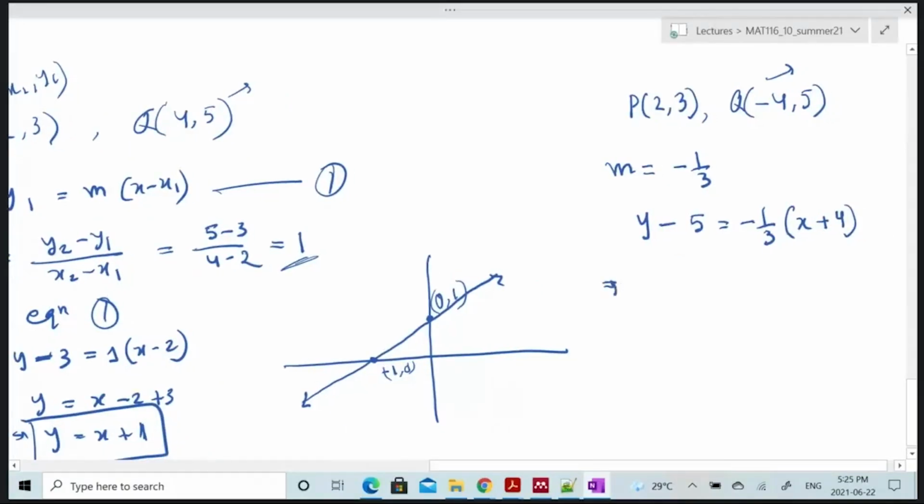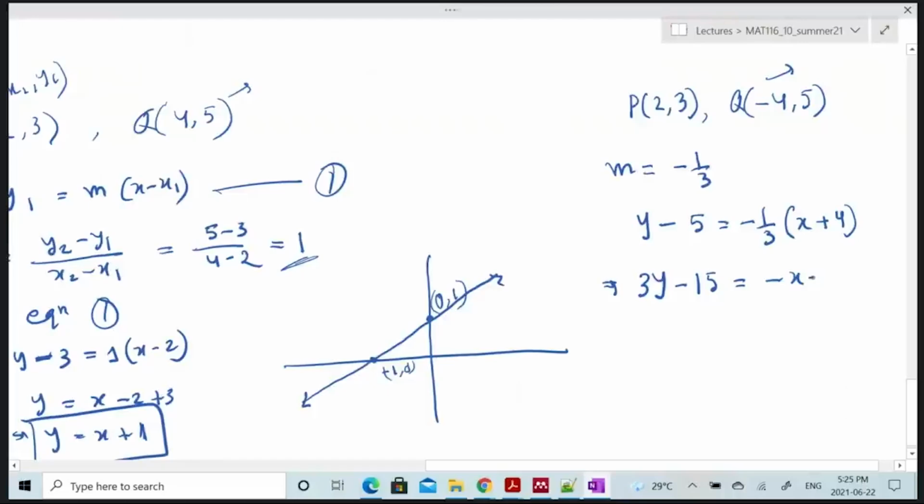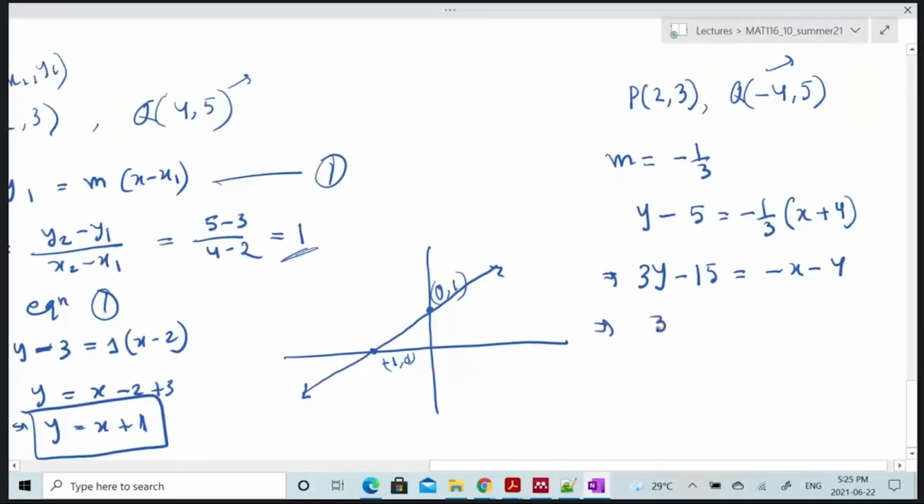So let's do cross multiplication. We are gonna have 3y minus 15 equal to minus x minus 4, so 3y equal to minus x plus 11.